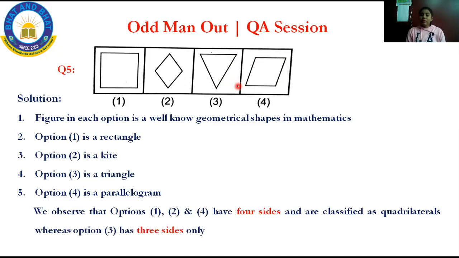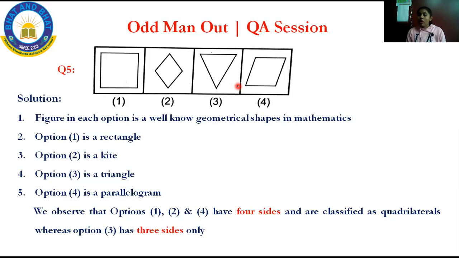Because options 1, 2 and 4 are four-sided and classified as quadrilaterals, whereas option 3 has only three sides. Do you understand now? I'll repeat once. Look at the diagram. These are all well-known geometrical figures.